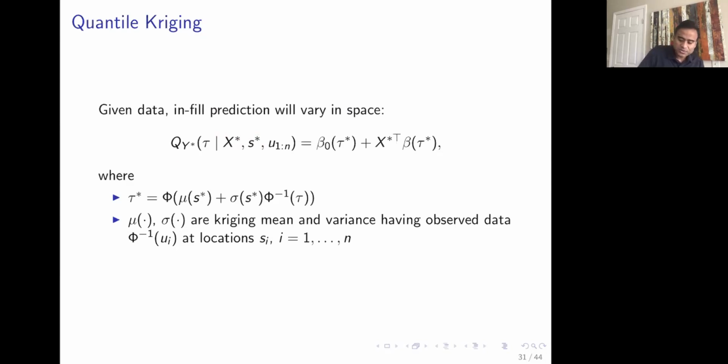What this is doing is really kriging, or predicting your observations at unmeasured spatial locations. This follows very closely the kriging mechanism. It uses a lot of those formulas, but of course has the quantile regression on top of that.